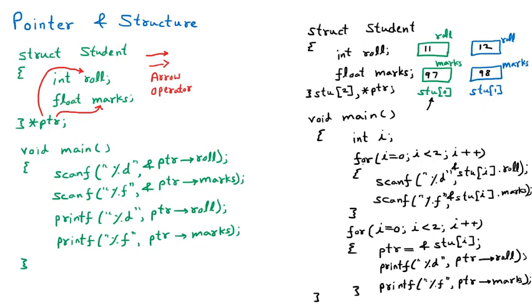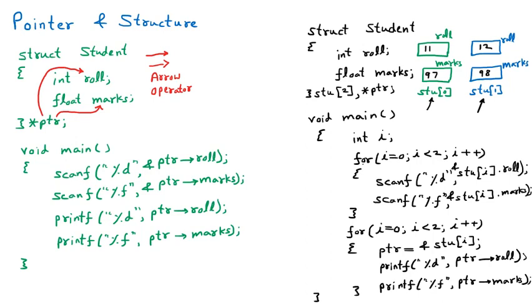Now when the I increments, PTR will point to stu1. Now the PTR has the power of student 1. So now for that the 12 and 98 can be accessed, because this for loop will work 2 times. So this is how the pointer in structure can be used.